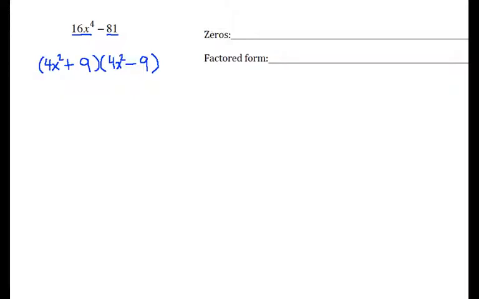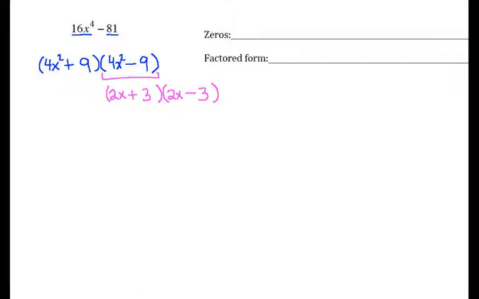So we have factored this by a very standard technique called the difference of squares formula. And looking at this, we can see that the second factor is a difference of squares again. So this will again factor as a product of two factors with a plus in the first one, a minus in the second, and otherwise identical. 2x is what I would square to get 4x squared. 3 is what I would square to get 9.